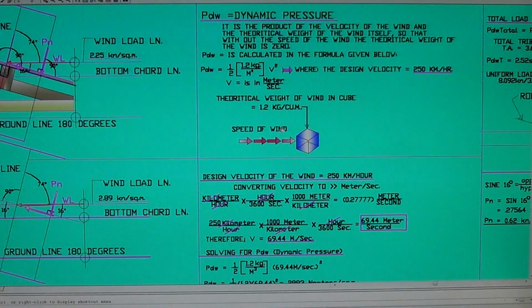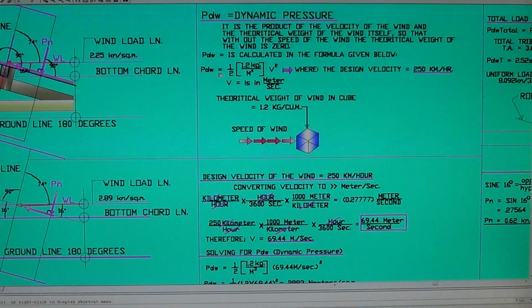But when there's no speed, this weight here is zero because it's not moving. So because of the speed of the wind, you get the dynamic pressure, and the dynamic pressure is calculated in the formula given below.